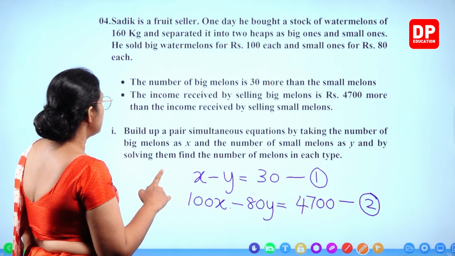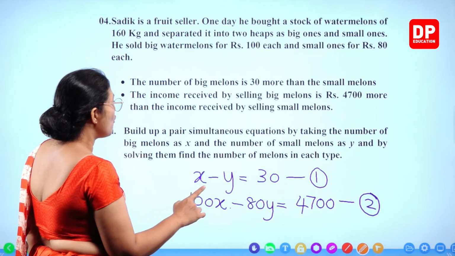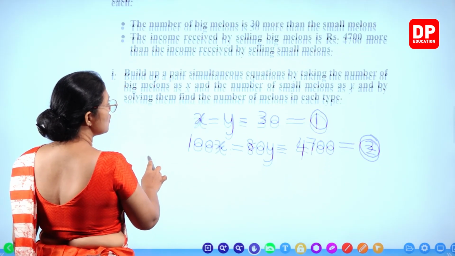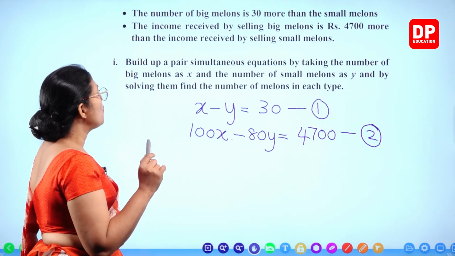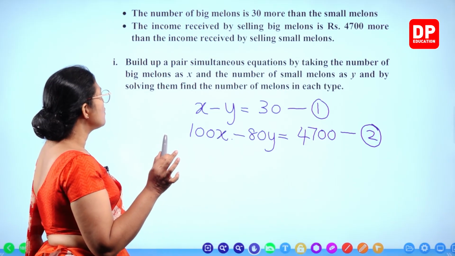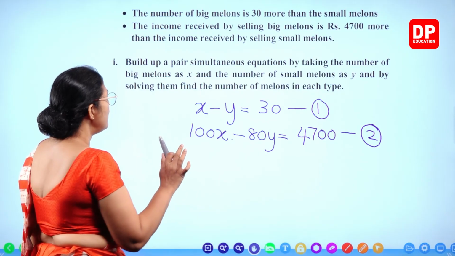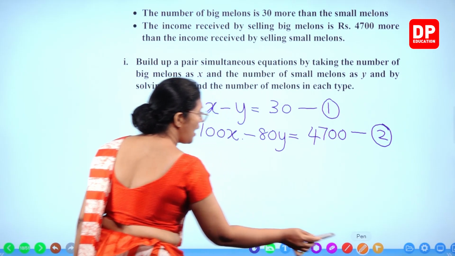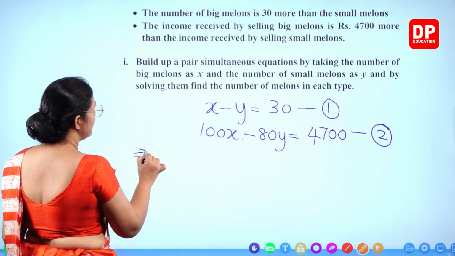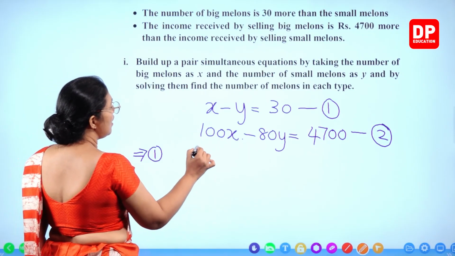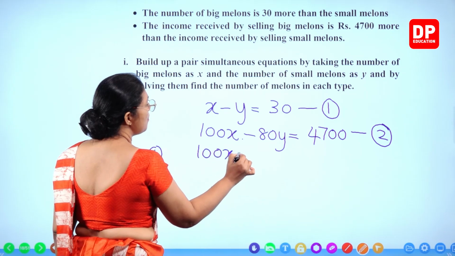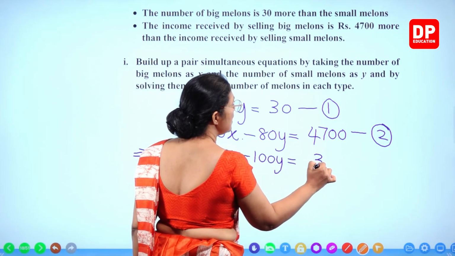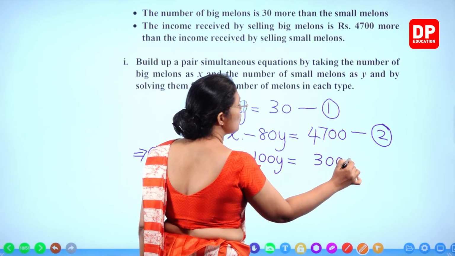Now it says, solving them, find the number of melons of each type. So you have to solve these two equations. We can either use the substitution method, or we'll take the first equation and multiply by 100. 100x minus 100y equals 100 times 30, 3000.